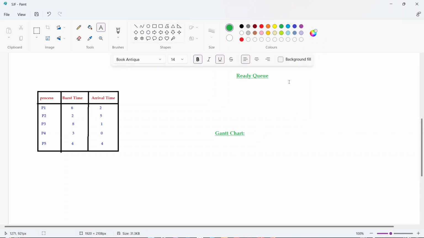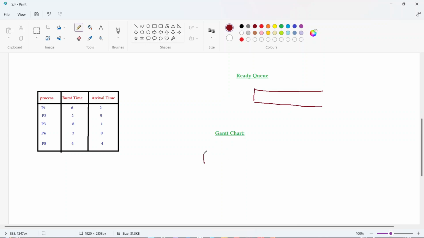Now in the ready queue, what we will do, we will start adding the process to the ready queue. So let us consider this is the ready queue, and this is the Gantt chart. If it requires, I will extend this Gantt chart. Gantt chart starts from 0th second.